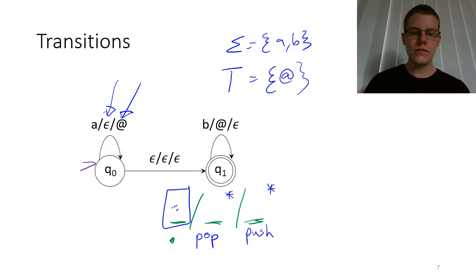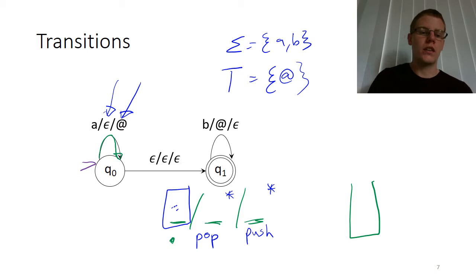So in this particular pushdown automata we have a stack, and whenever we take a transition where the first symbol in the string is an A, then it doesn't matter what's on the stack, we won't pop anything off of it, and we will push an at symbol onto the stack.